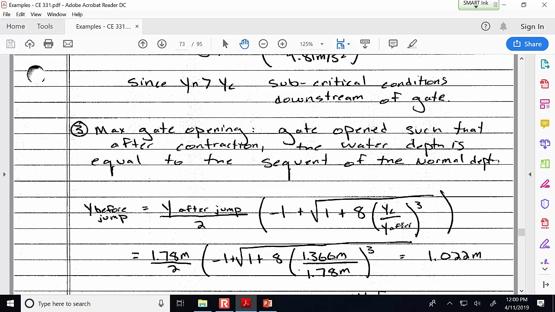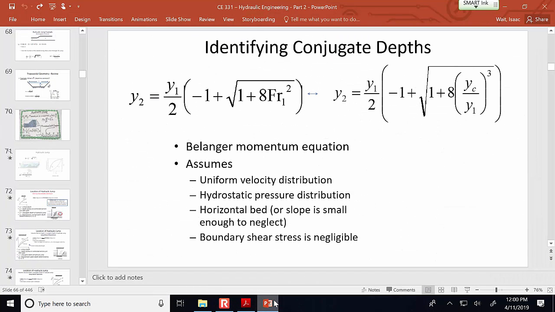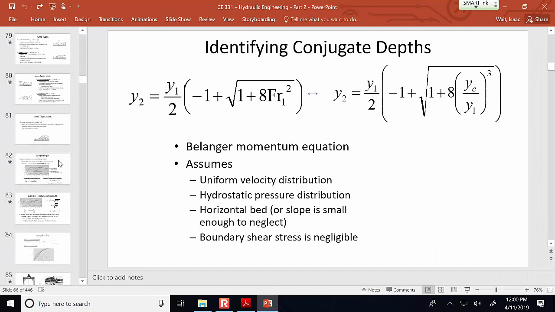And the last part is just to use the ratios. So the coefficient of contraction is 0.60 according to the problem statement.